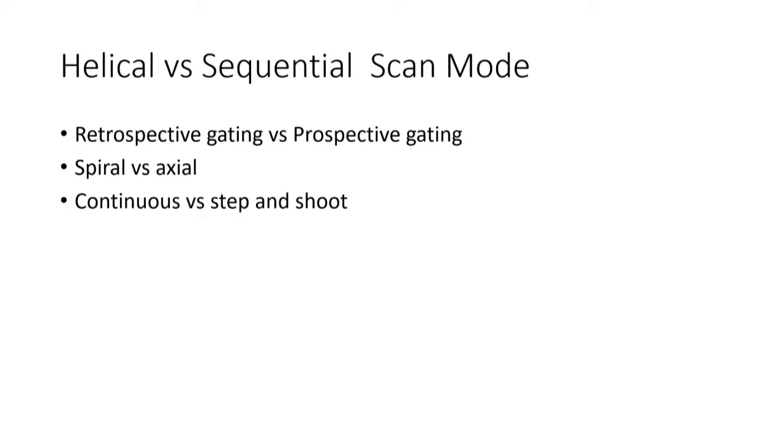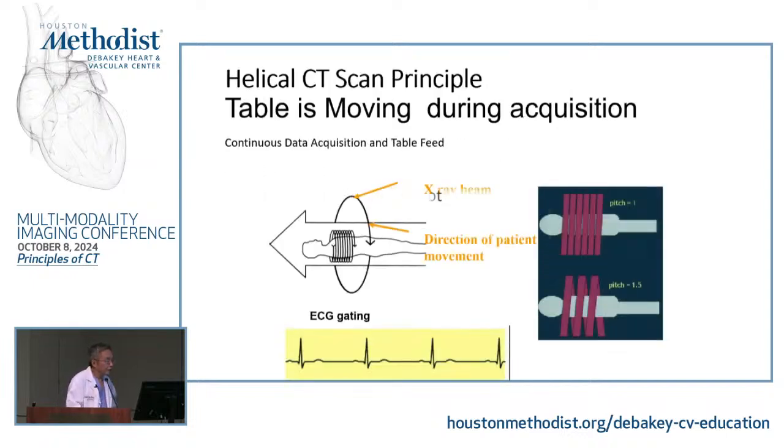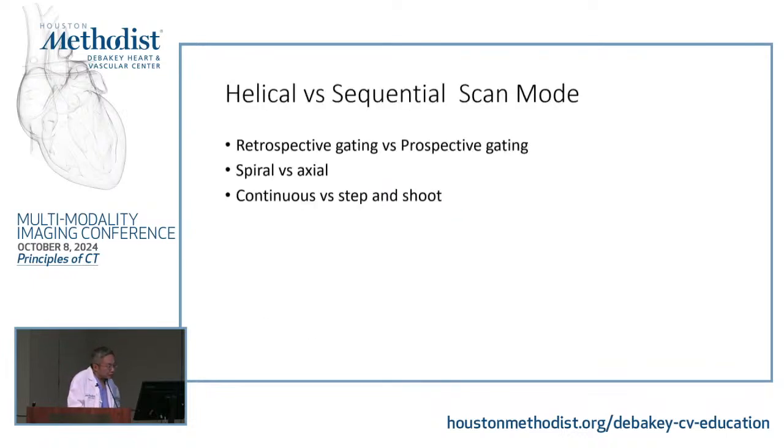Okay, so another concept that is important for us to understand when we scan the patient. We can do helical mode or sequential mode. Helical mode means the table is moving constantly while the patient is being imaged. Sequential mode, when the patient is being imaged, the table doesn't move. I'll show you some video later, okay? And all this is just synonyms, right?